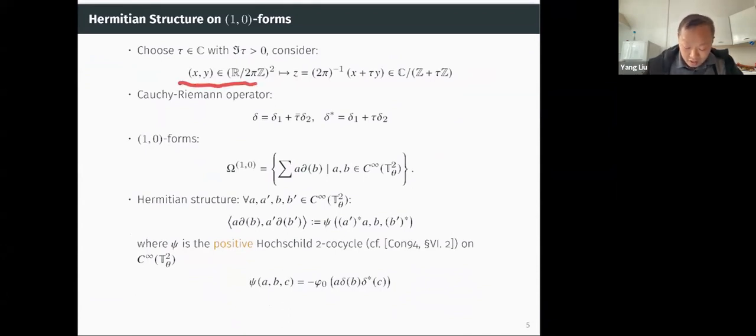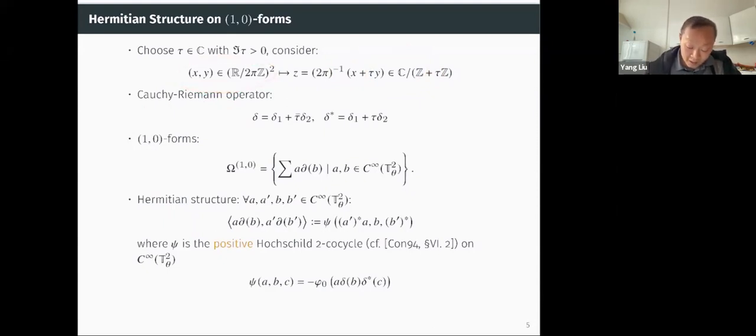The left-hand side is the standard Euclidean torus, and we have a map to a complex torus. You can pull back the corresponding coordinates, more precisely the Cauchy-Riemann operators, to move from the complex torus to our Euclidean torus.